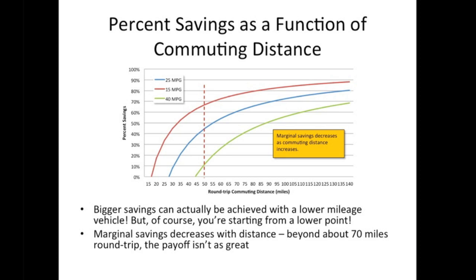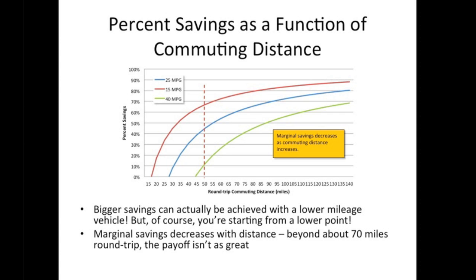Another way of looking at the fuel savings is if you look at percent savings versus round-trip commuting distance. Clearly what we're seeing here is that as the commuting distance goes up, the marginal savings gets less and less. So you're really paying big dividends if you have a small commuting distance.